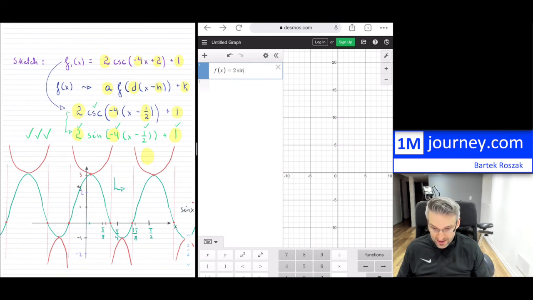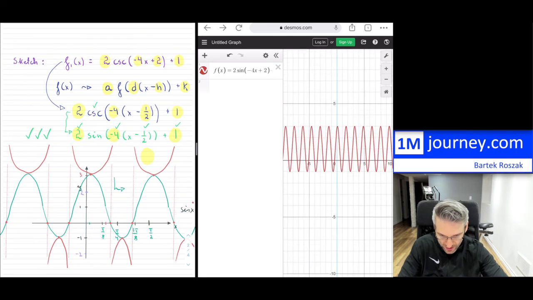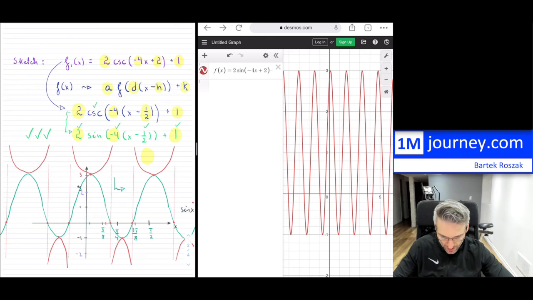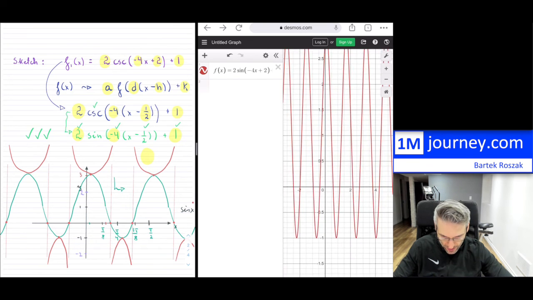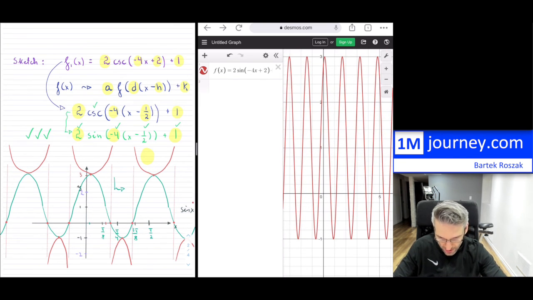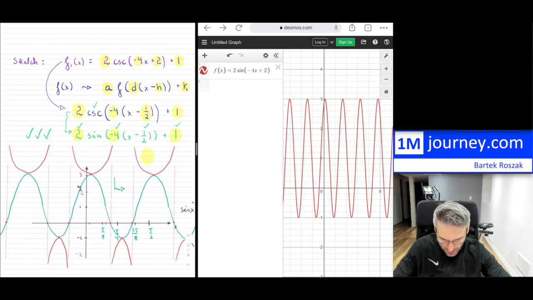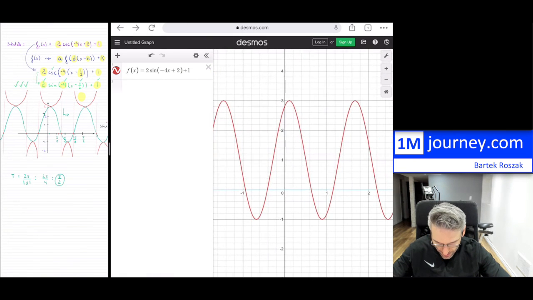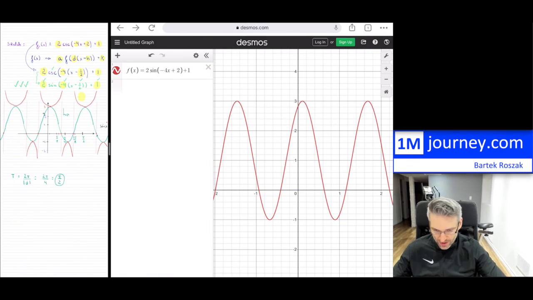I want to have the sine, just so that we can see that we were dead on with sketching our sine. So here it is. I guess we've got to zoom in here a bit. I don't know if I can do this. Okay, give me a second. Okay, so there we go.